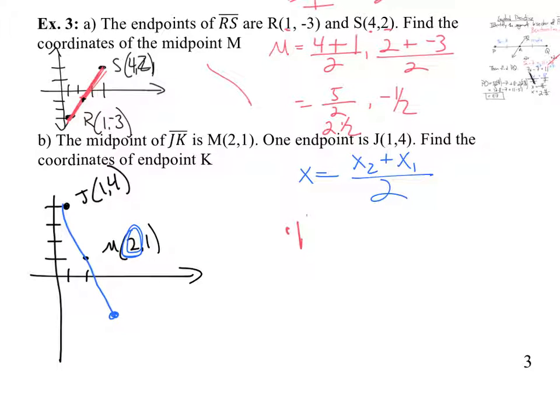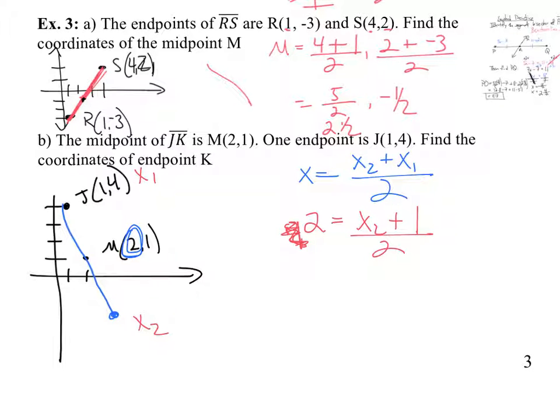So we're going to plug in, so 2 equals, and then x2, we'll say this is x1 up here, and then we're looking for x2. So 2 equals x1, which is 1, and then x2, which is what we're going to leave blank. So we have x2 plus 1 divided by 2.